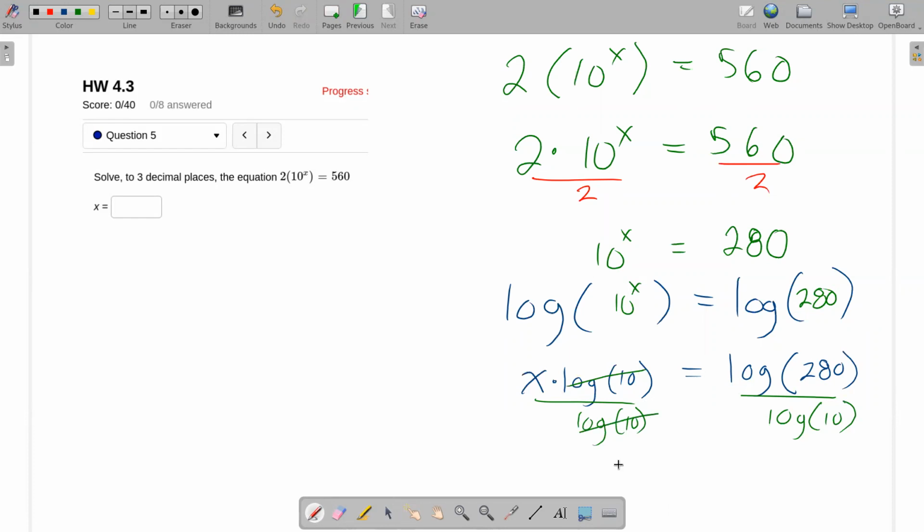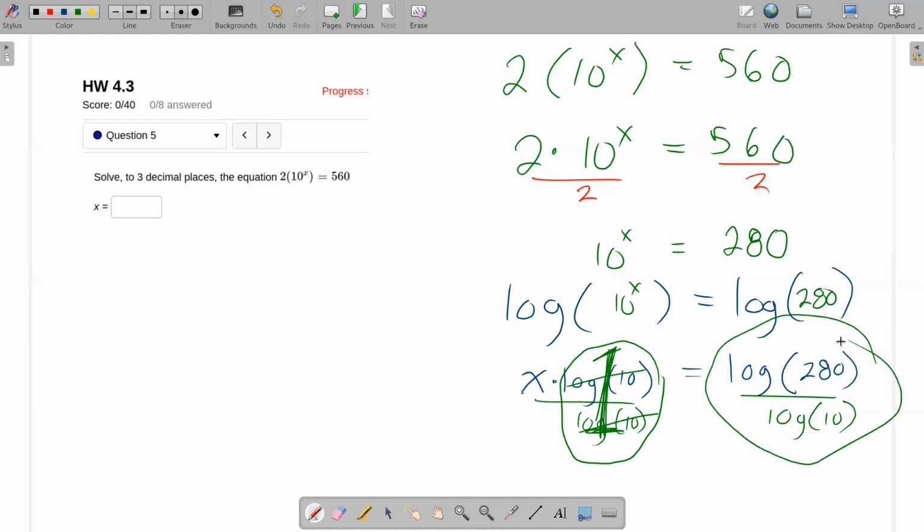Number divided by itself. I'm not canceling the logs. I just have a number divided by itself, and a number divided by itself is always 1. On the other side, I'm stuck with what I see there, and I have to enter that into my calculator. That's the answer. That is my x. X equals that thingy.